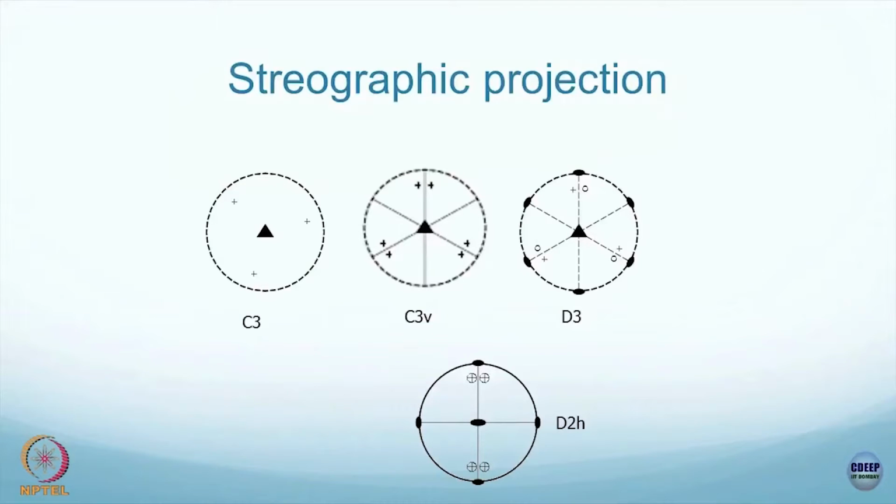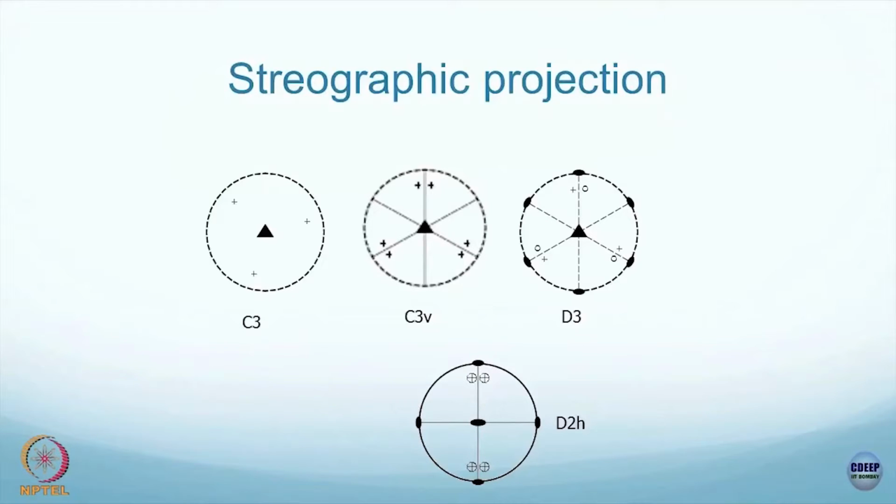Okay, so just to show you more, C3, I can put these 3 hydrogen atoms here, okay. If you take C3V, then by mirror reflections, you can have one more element added here this way. If you do D3, it is this, okay.